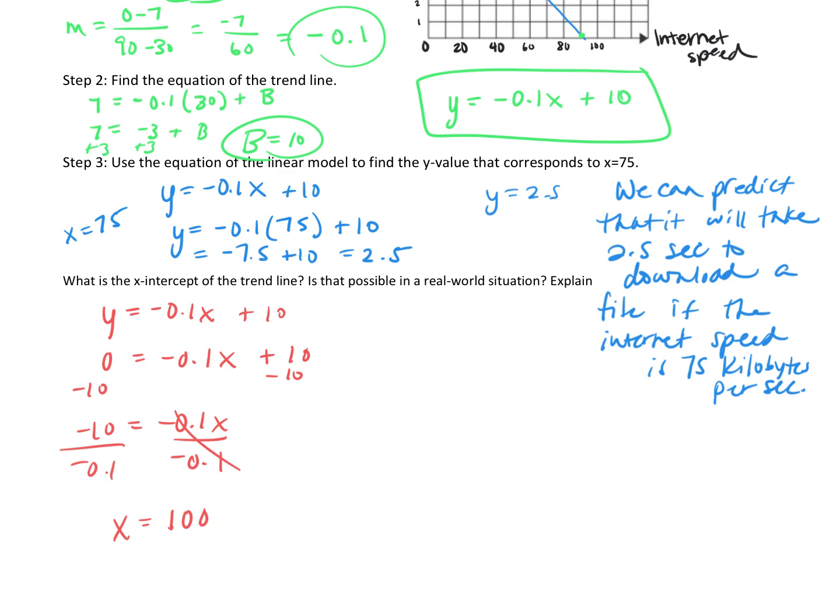A download of any size at all would take at least a fraction of a second. So the fact that we're able to download something in 0 seconds just doesn't happen. You have to have at least a fraction of a second to download something. So I would say that no, this is not possible in the real world situation.